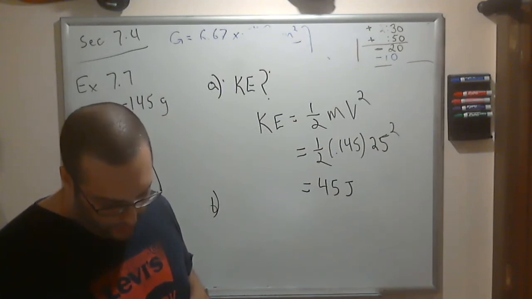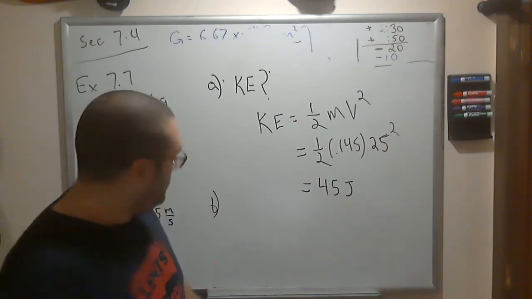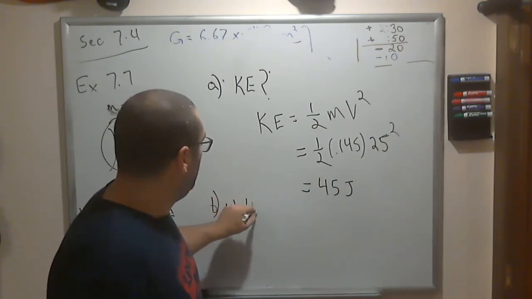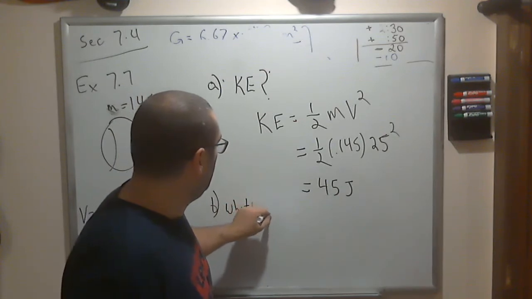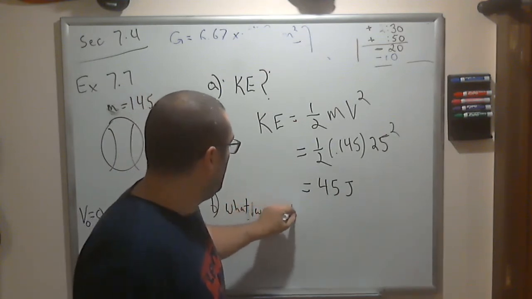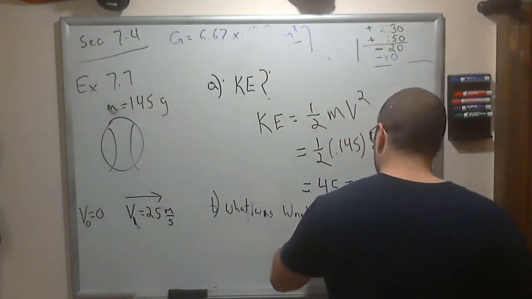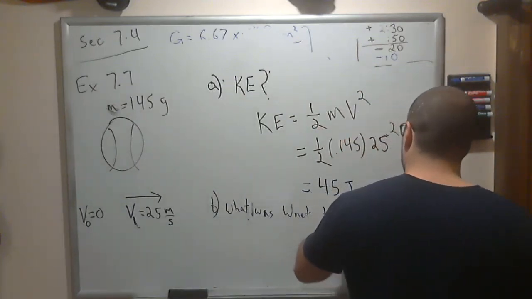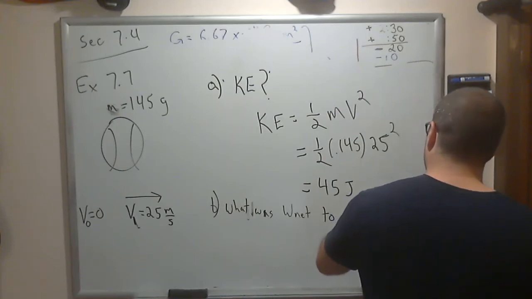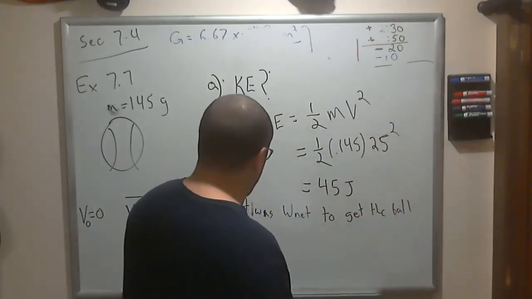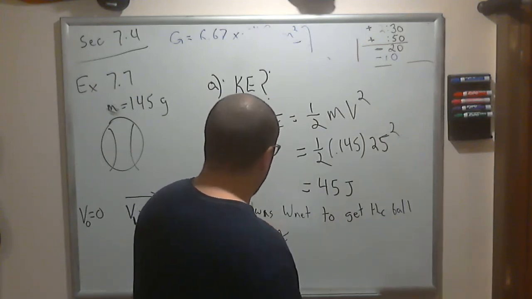Now, the second part of the question is, what was the initial work? What was the net work done to get the ball to the speed of 25 meters per second?